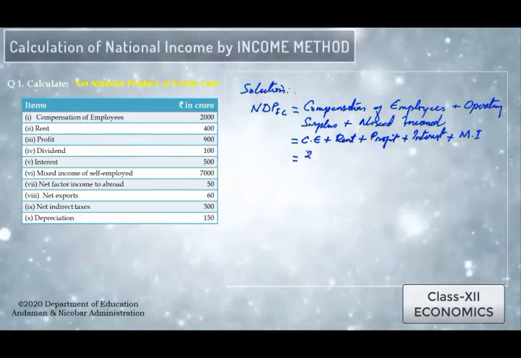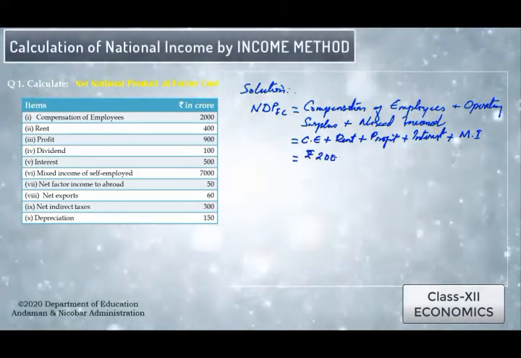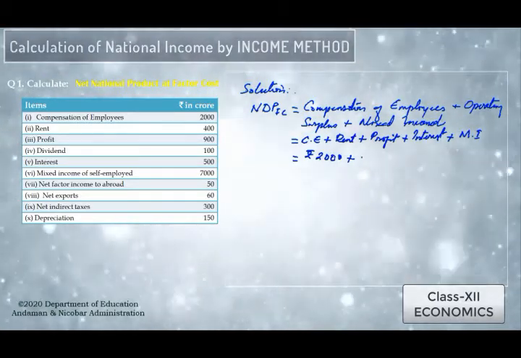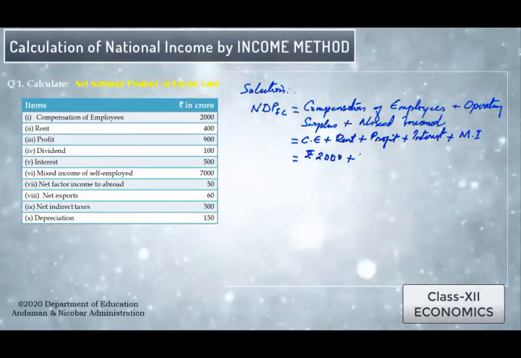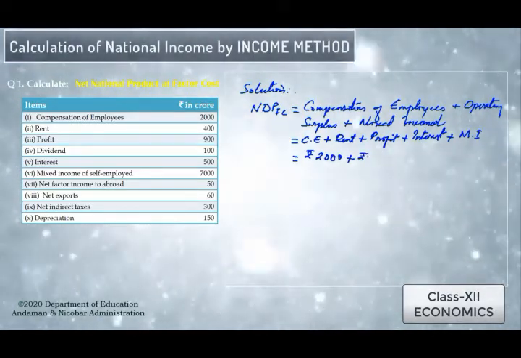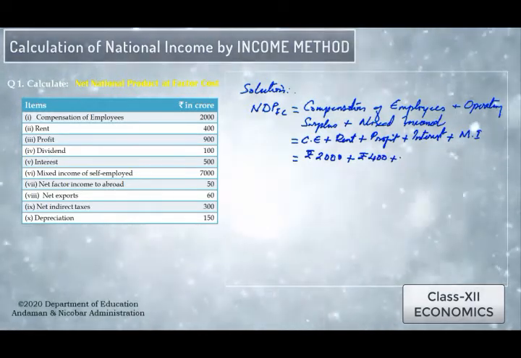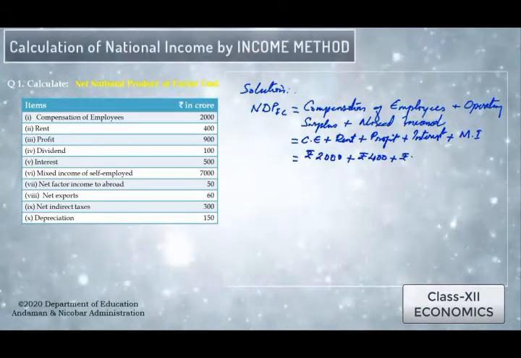We have the value of compensation of employees as rupees 2000. With that we will add the value of rent, which is given as rupees 400. Then we have the value of profit, given as 900.